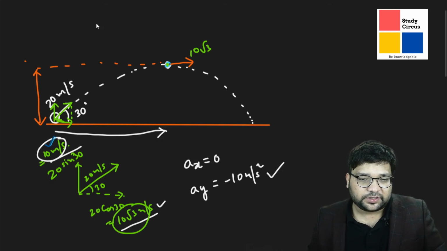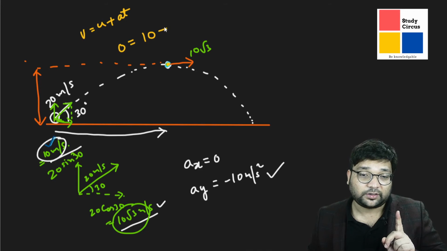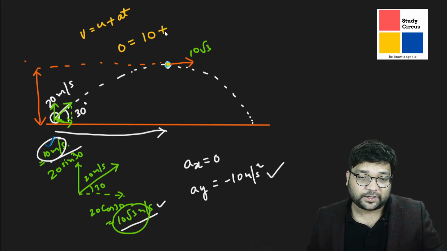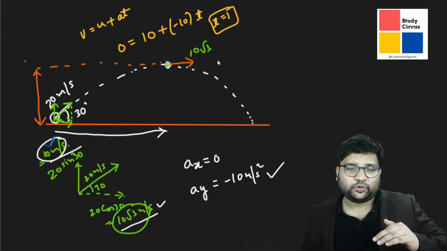So that means v is equal to u plus at. If I use v, the final velocity, it is 0. Initially it was 10 in the vertical direction only, I'm talking, plus acceleration is minus 10 into time. So t is equal to 1. That means 1 second it takes to reach the maximum height.